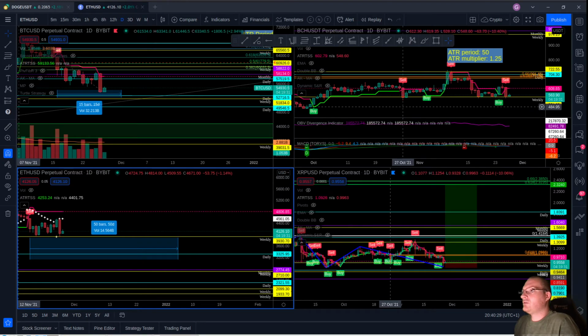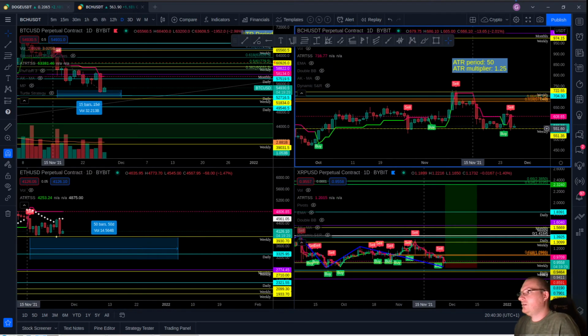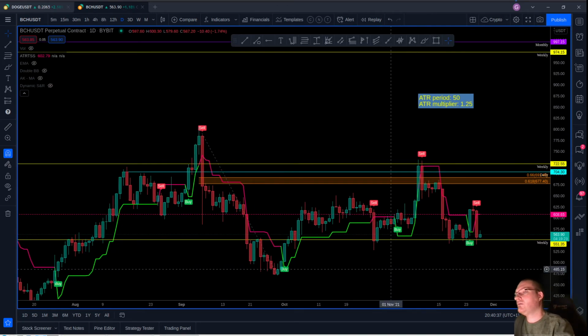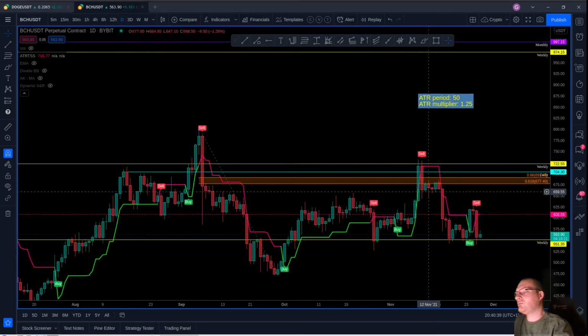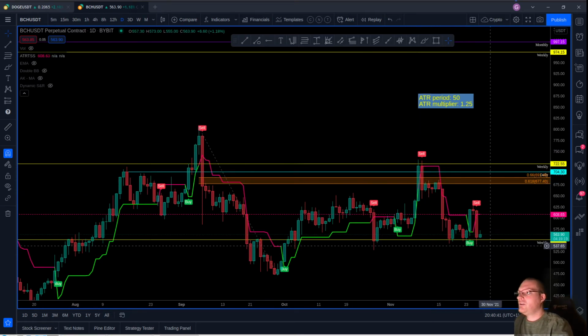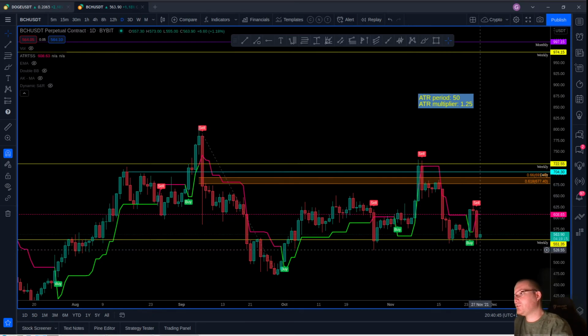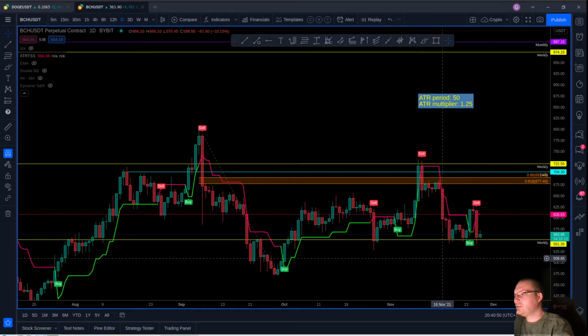And then also Bitcoin Cash. Here I stopped the trade. There's a problem with my script, and also I didn't find it to perform very well. So I stopped the bot to trade this. So same here, also support at the weekly.